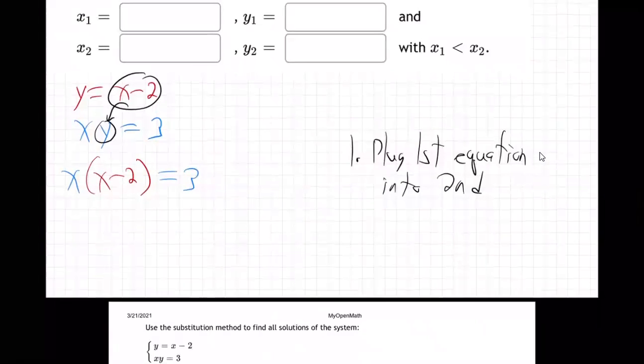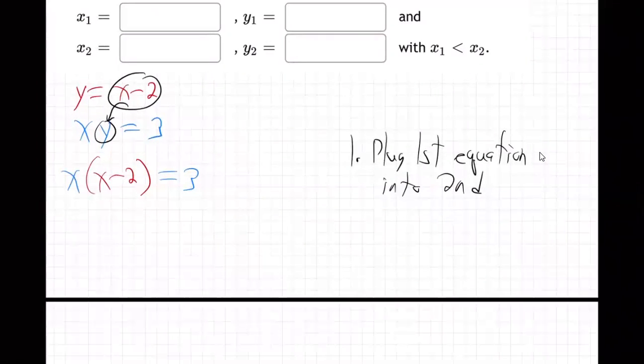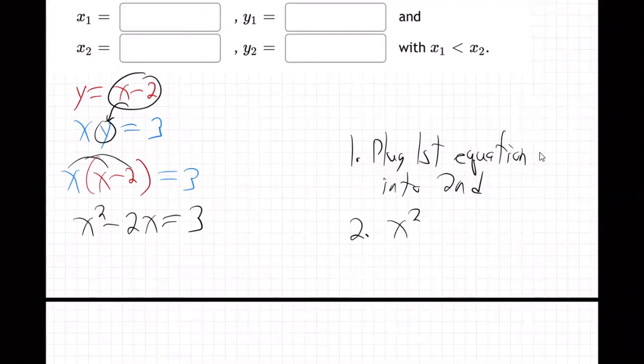Good. All right, so now we're going to distribute. What do we get? X squared minus 2x is 3. So step 2, you have an x squared equation. What do you do with an x squared equation? Well, we've had these several times in the course.